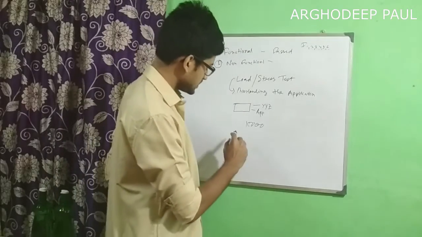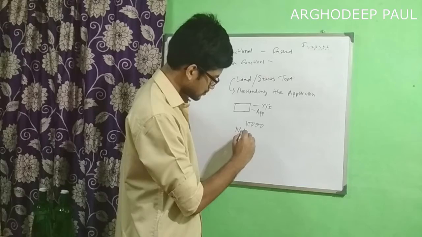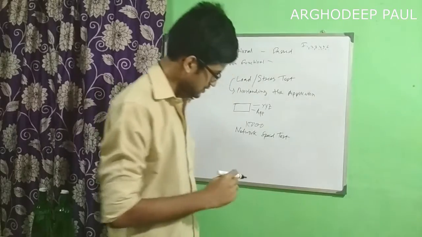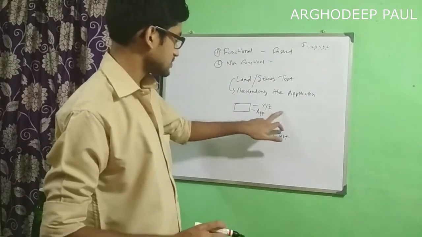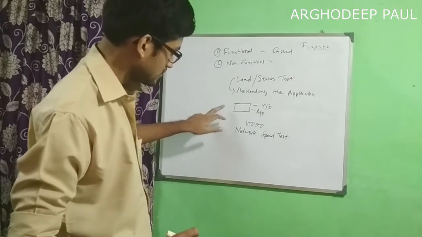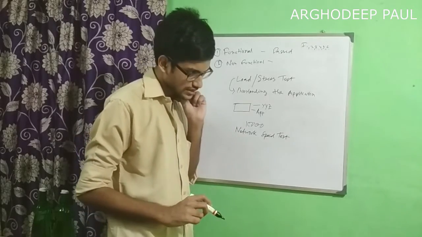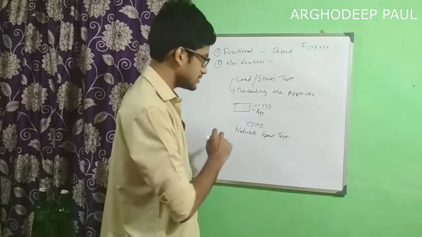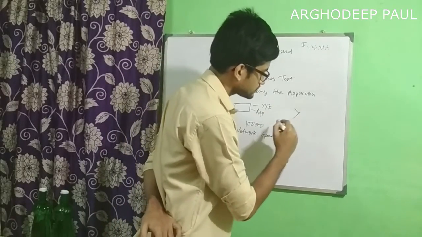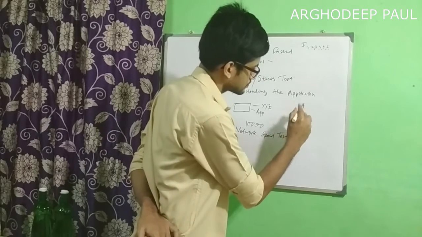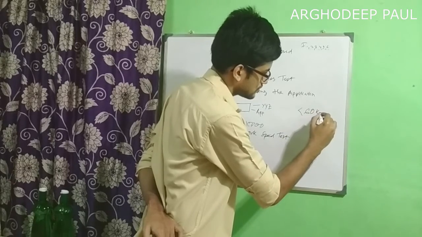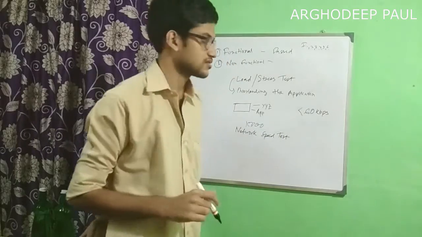There should also be a network speed test. What is this? This is again that XYZ hardware capacity, and the application is running on this hardware, and we are expecting 100 users per second using this application, but provided that the network speed should not be less than 60 kbps.